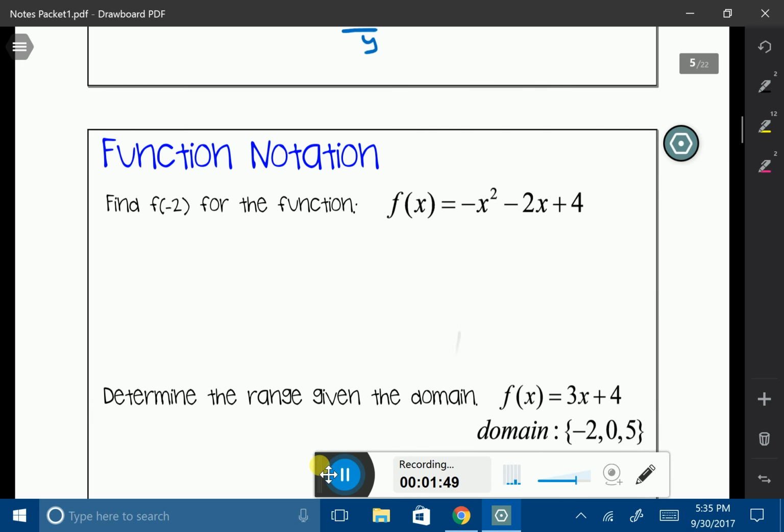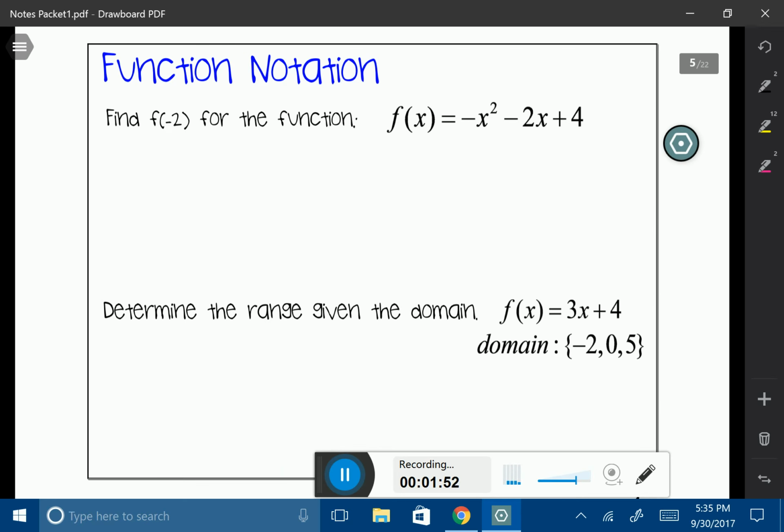Okay, let's go ahead and do a little bit first with function notation. Sometimes you're asked to find f of 2 for the function, and they'll give you a function. The function that I'm given here is f of x equals negative x squared minus 2x plus 4. This happens to be a quadratic function, and what we want to do is find f of negative 2. So here's how you do that.